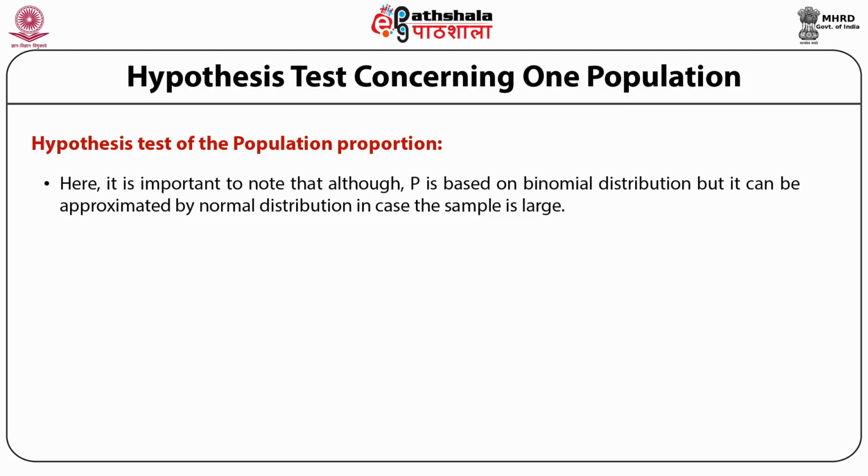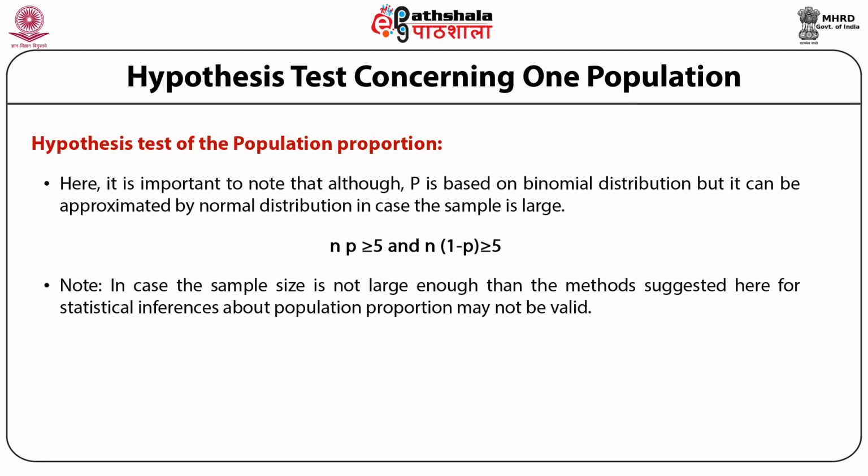Although P is based on the binomial distribution, it can be approximated by the normal distribution in case the sample is large. The condition is that n times p should be greater than or equal to 5, and n times 1 minus p should also be greater than or equal to 5.